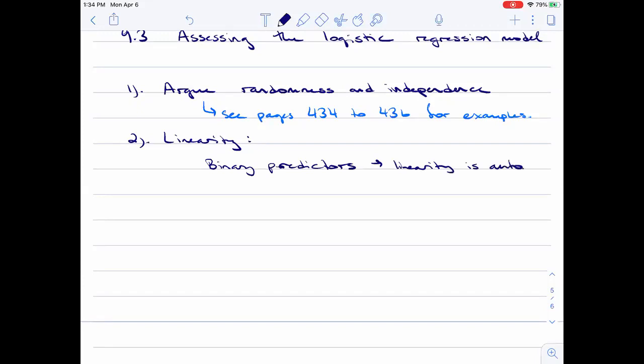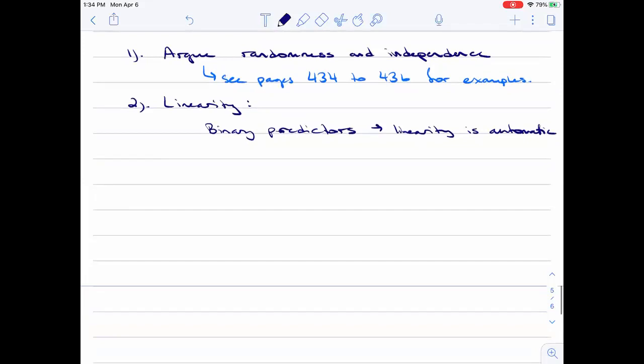We essentially only have 2 data points, and connecting these 2 data points will be a straight line. So if you have a binary predictor, which is pretty rare but can happen, then the linearity is automatic.